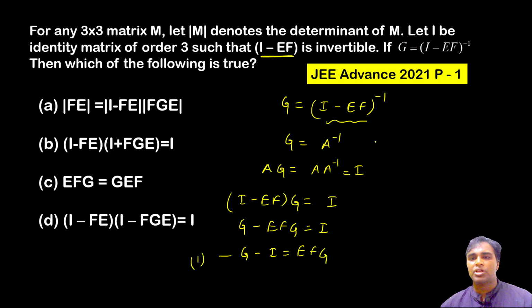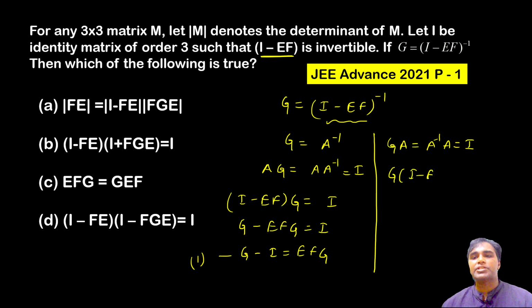Till here clear? Now the same thing I will do, because I multiplied A on the front end, now I will multiply A on the back end. So G into A inverse into A, again I. What is A? I minus EF, and this is I. Multiply this inside, so this is G minus GEF, and this is I. So I can say G minus I is equal to how much?